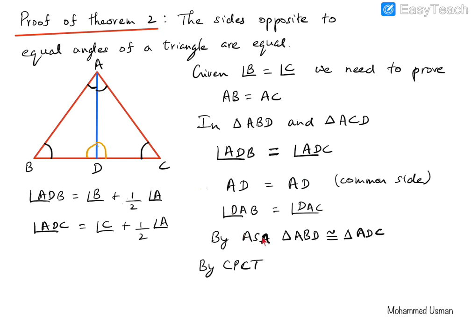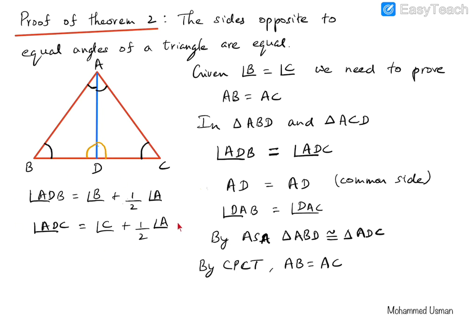Angle, side, angle, ASA, not ASS, okay? And then by CPCT, we can say that AB is equal to AC. That means that the sides opposite to the equal angles are equal.